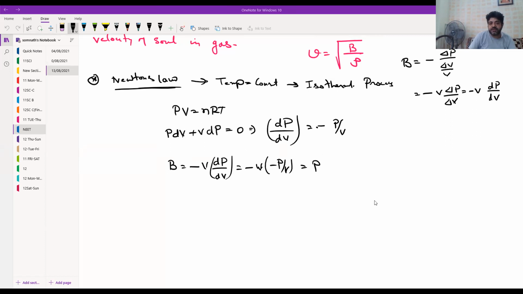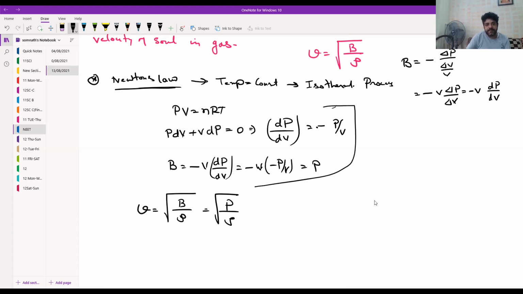Bulk modulus is pressure P, and as the bulk modulus is pressure P, now velocity of sound is root of bulk modulus by rho, that is root P by rho. Now for air, what happened?